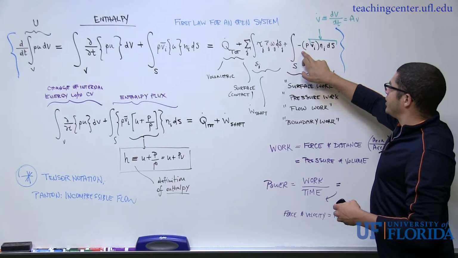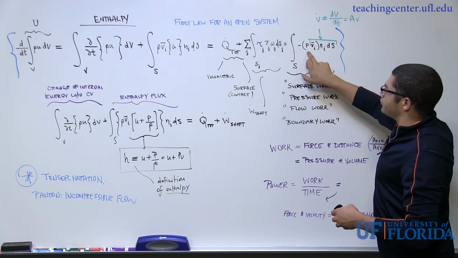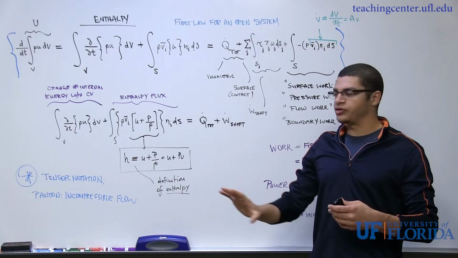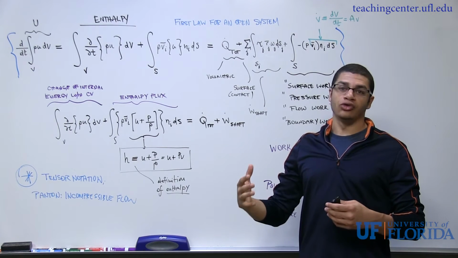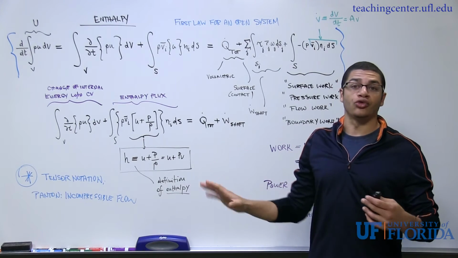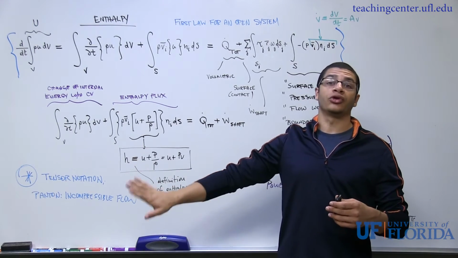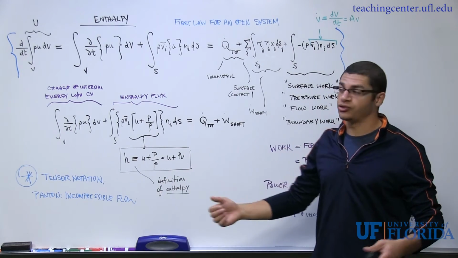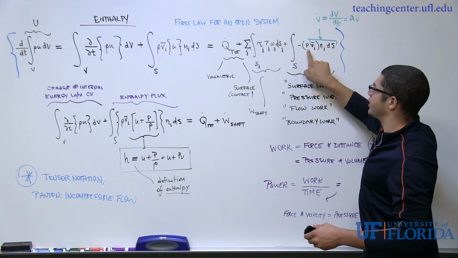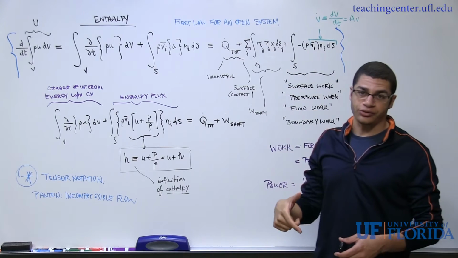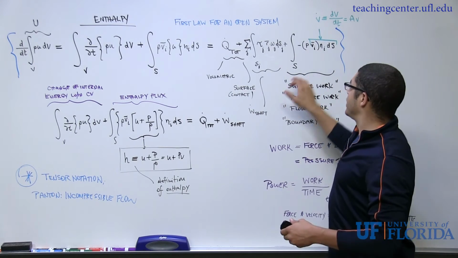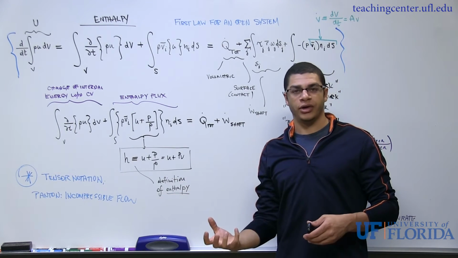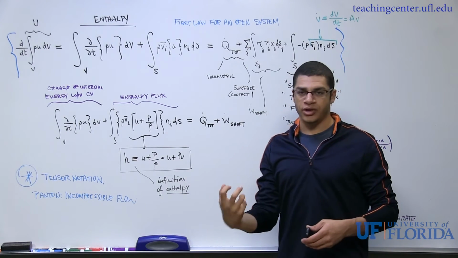In parentheses, I've got this expression: a pressure, so say my fluid is exerting a pressure on the control surface, and maybe that control surface is deforming, or maybe there's fluid moving through the control surface. And that fluid has some velocity associated with it. So this product is a force per unit area, the pressure or stress, times a velocity, which gives me a force times a velocity per unit area, or power per unit area.